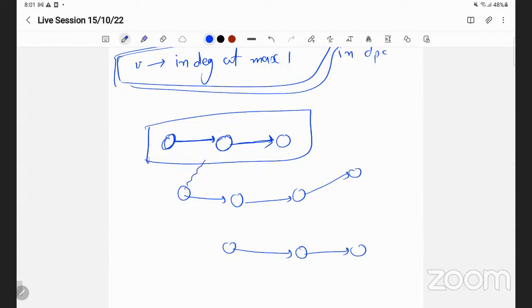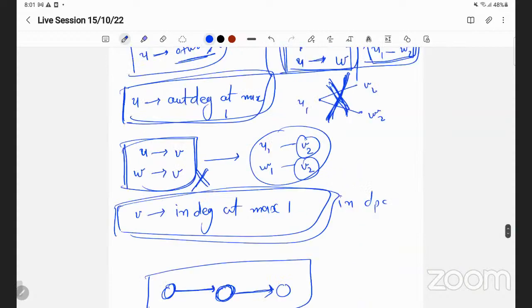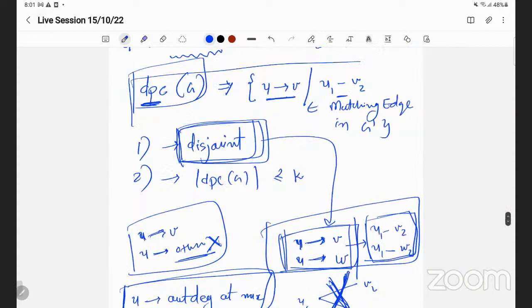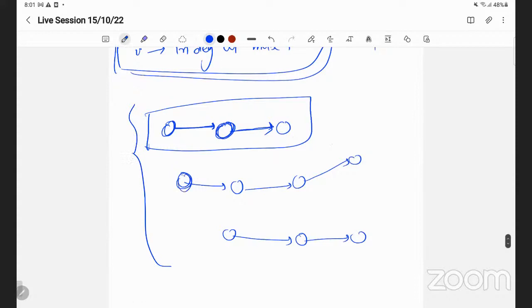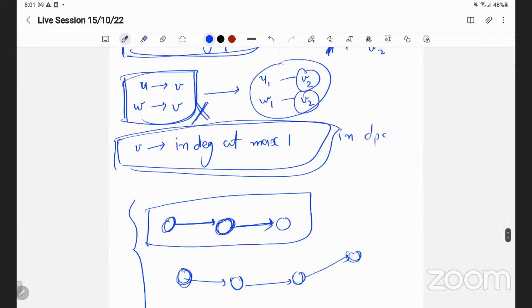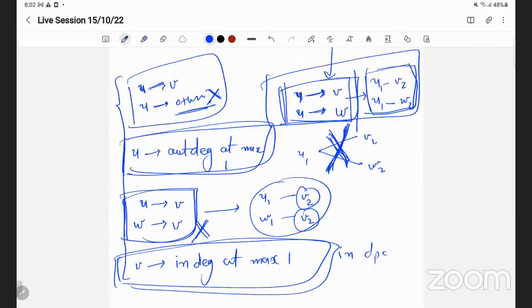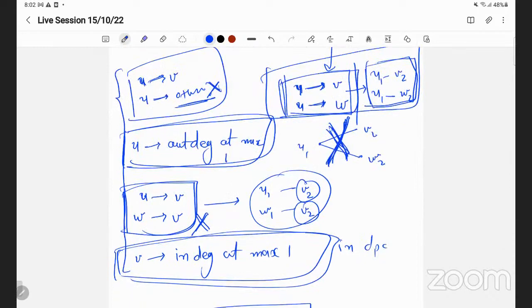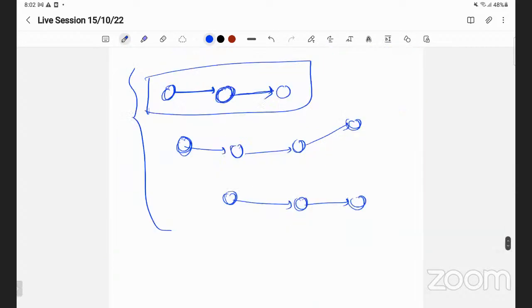No, right? Because this vertex has in degree at most 1 and this vertex has out degree at most 1. So this is also not possible. So this particular set that we constructed, the disjoint path cover of G, represents a set of paths with disjoint vertices. That comes from these two facts, that each vertex will have in degree at most 1 and out degree at most 1, which means this set is comprised of disjoint paths.